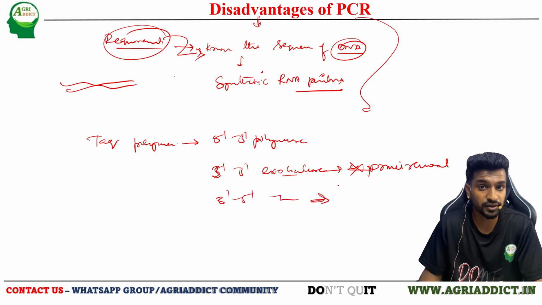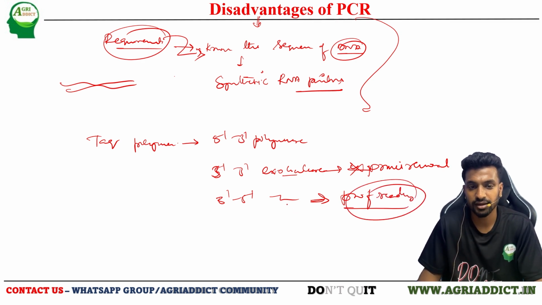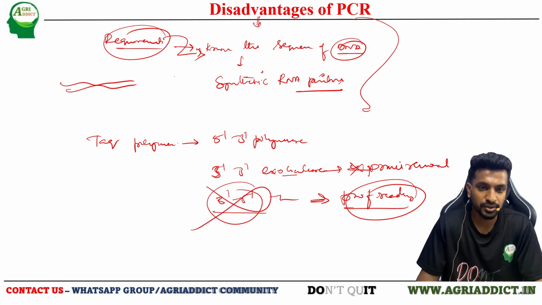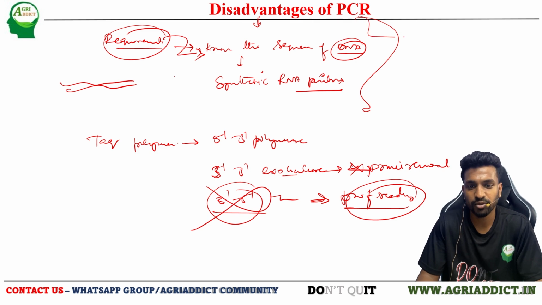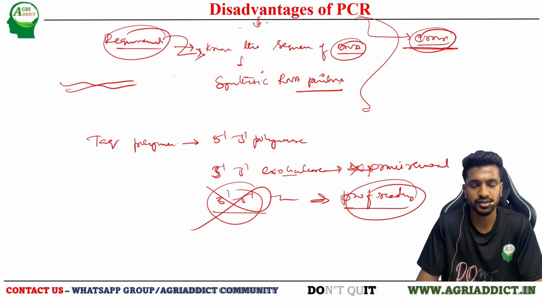What is the function of this activity? It is required for proofreading. That means it checks for any errors during replication, but this activity is not present in the Taq polymerase. So a larger number of errors than normal will be incorporated when the PCR is used. This is one important disadvantage of the PCR.